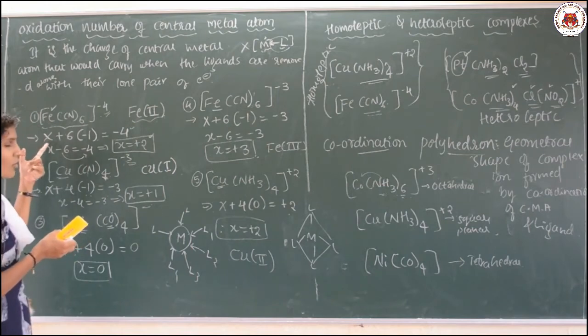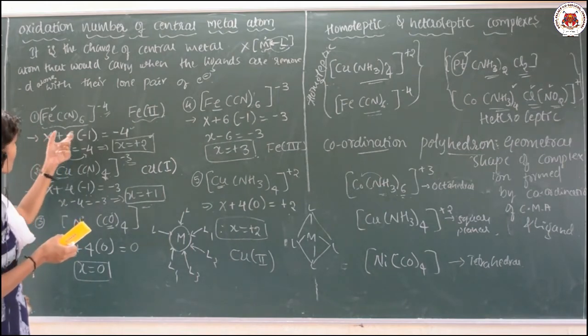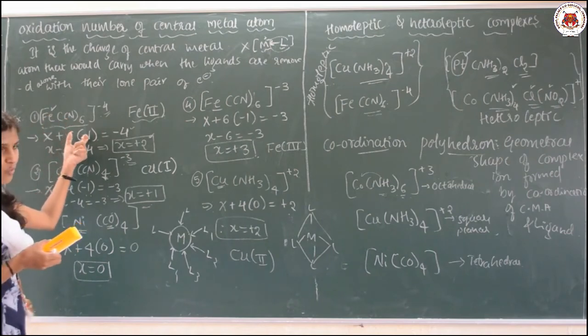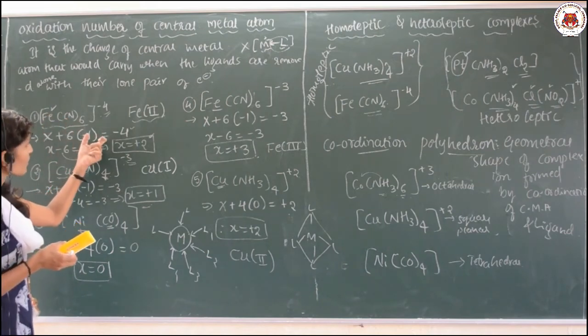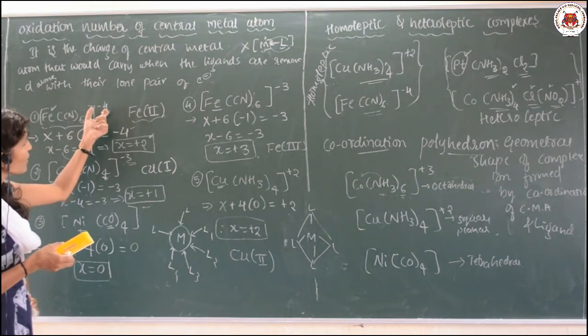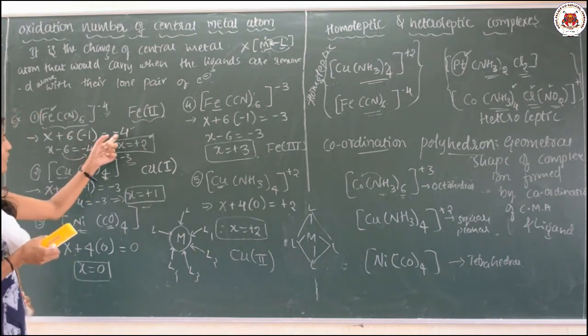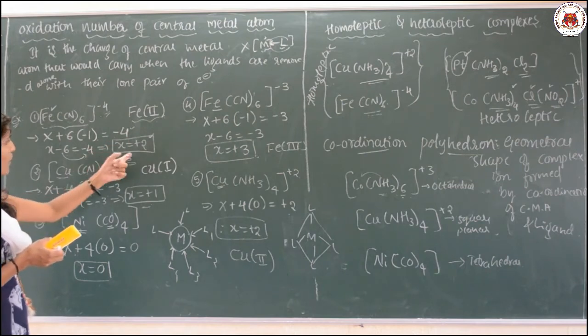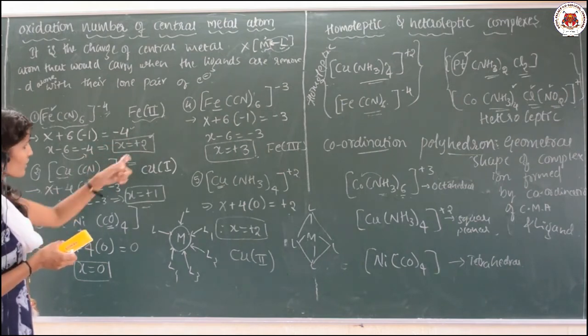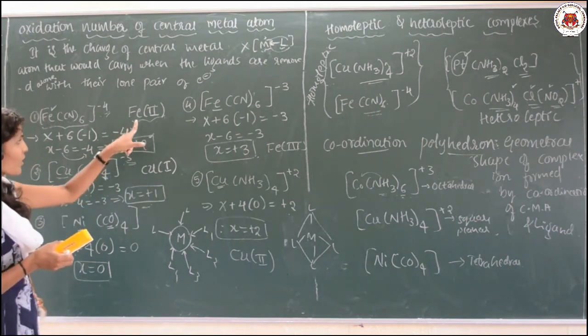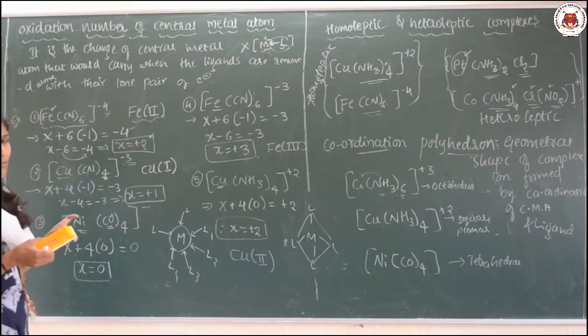So X plus 6 CN are there, and oxidation number of CN is -1, which is always equated to the charge of this complex, that is -4. If you simplify, X equals +2. Fe can be written as Fe+2.